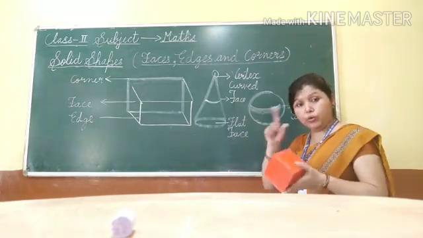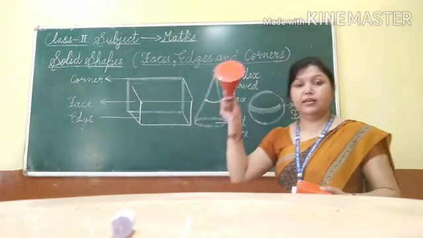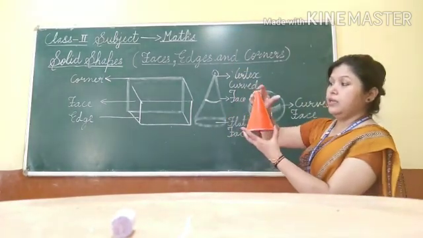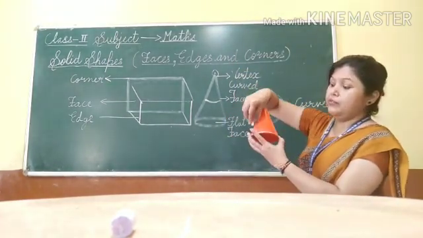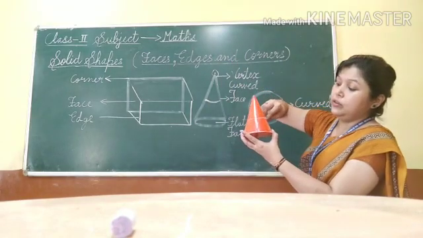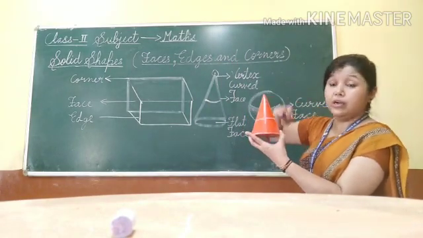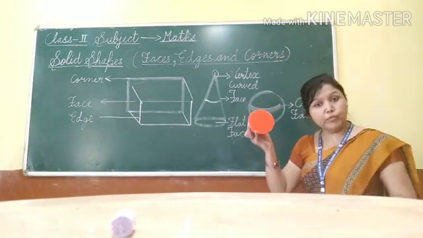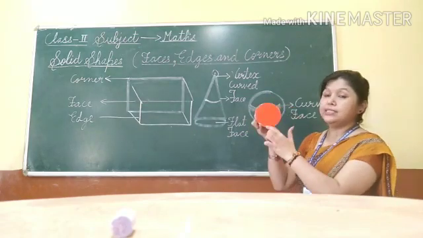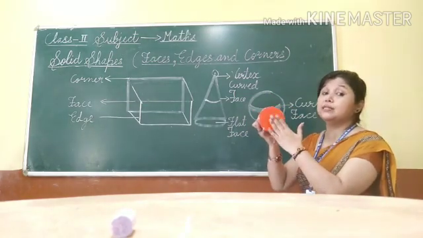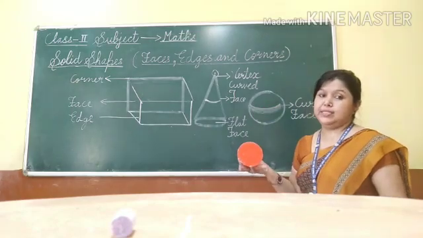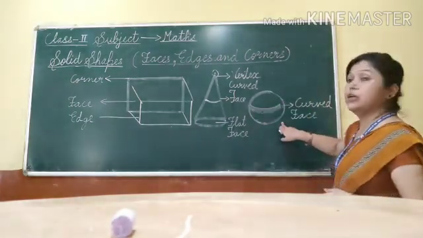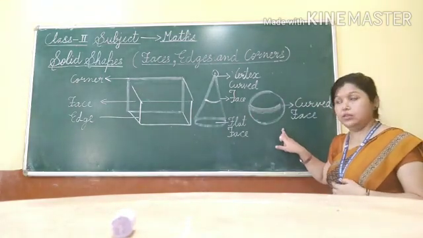You can see in this cone it's a vertex, and when we draw a line, you can see a curved line, means it's a curved face. And when you see the bottom of this cone, it is a rounded shape, a circle or flat face.